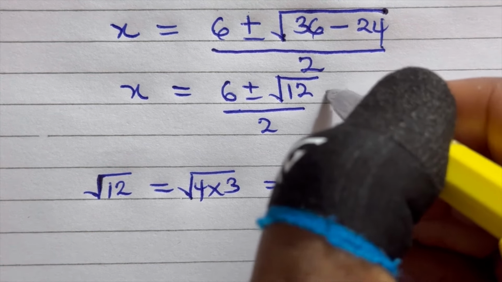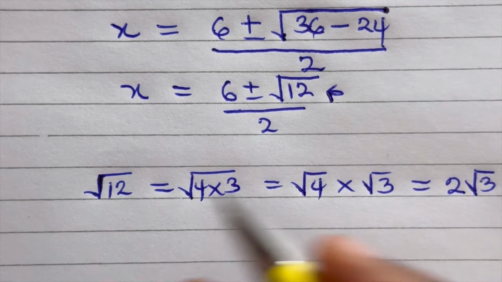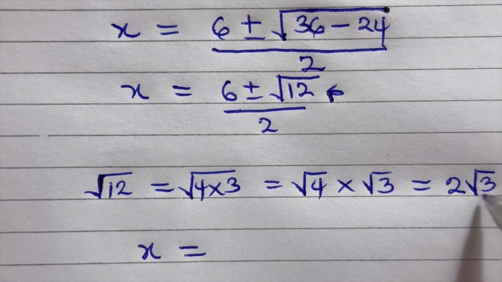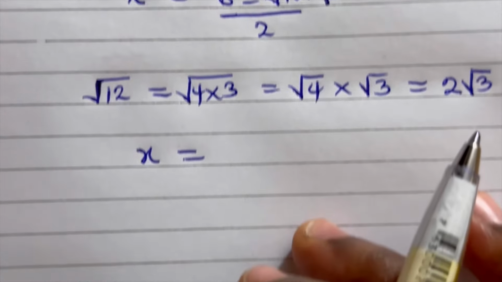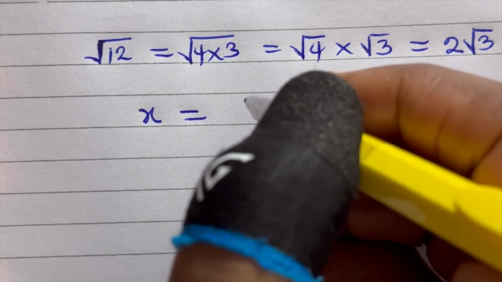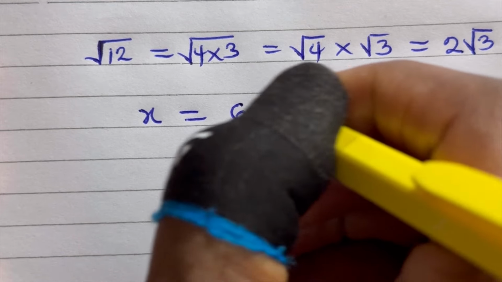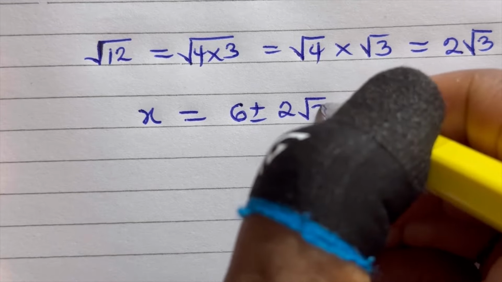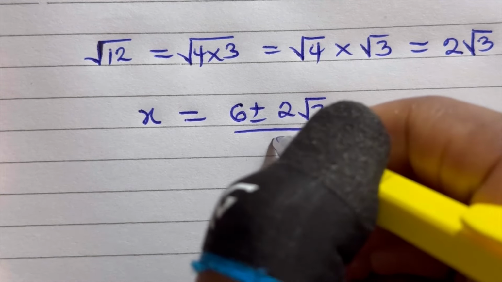So it means here, this root 12 can now be replaced with this 2 root 3. So x is equal to 6 plus or minus 2 root 3 over 2.